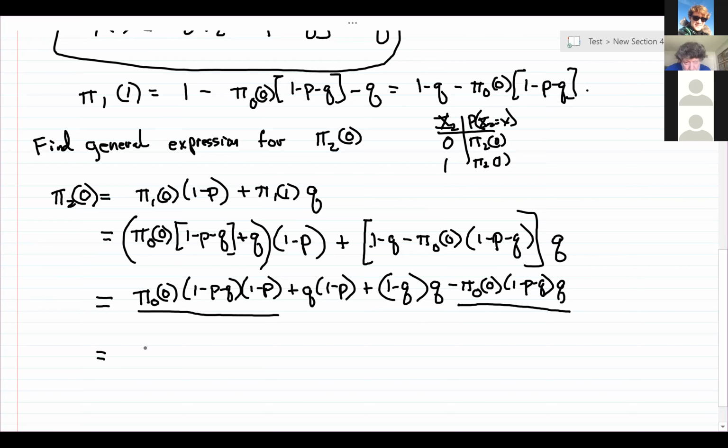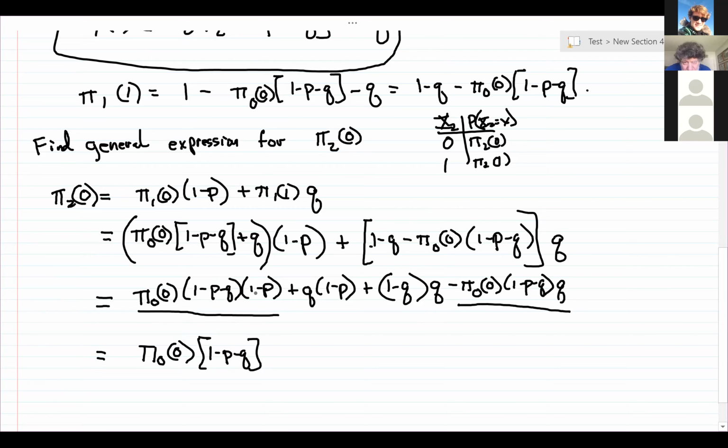Well, they each have a pi 0, 0, so factor that out. And what's left is, well, they both have a 1 minus p minus q, right? We'll factor that out of both.